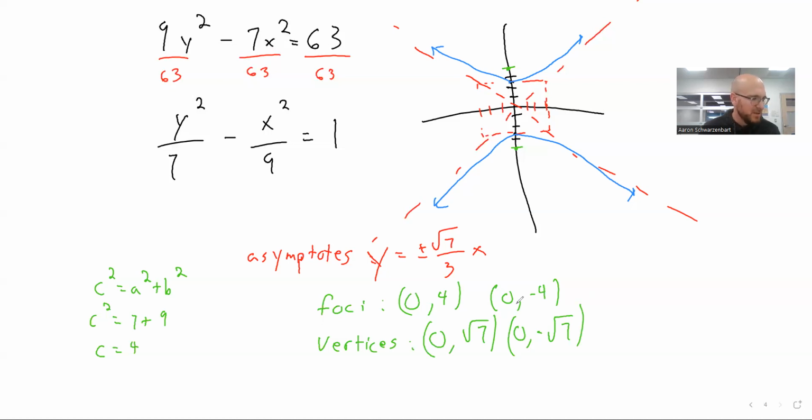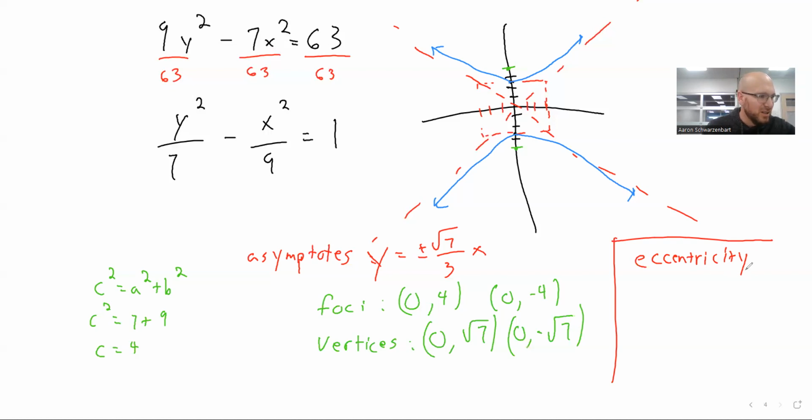Okay. Modeling with a hyperbola. Oh, one last thing here before I move on. Eccentricity, just like what we talked about with the eccentricity for an ellipse, is always a number between 0 and 1.